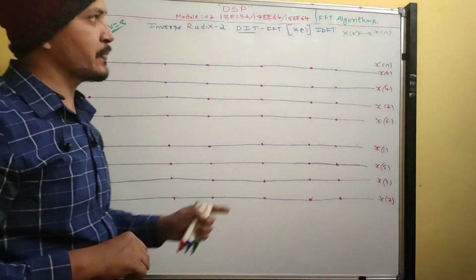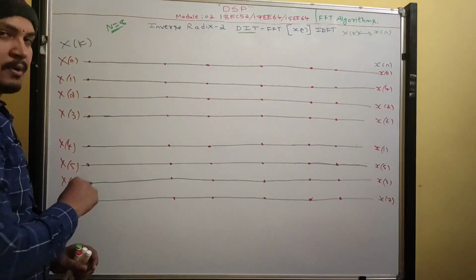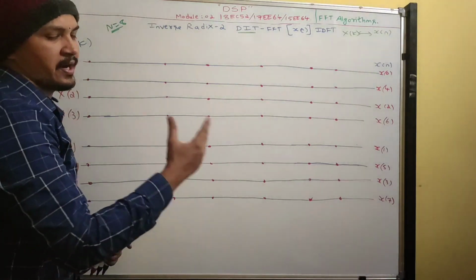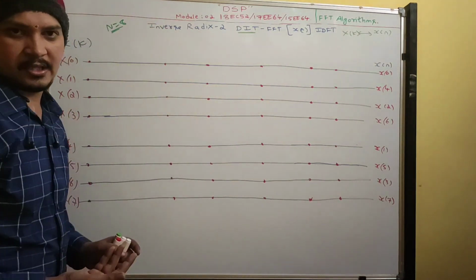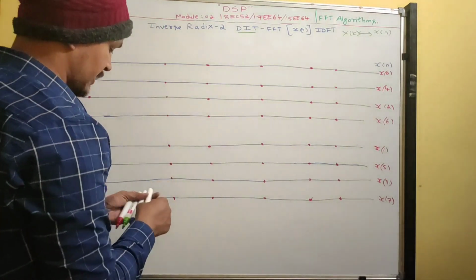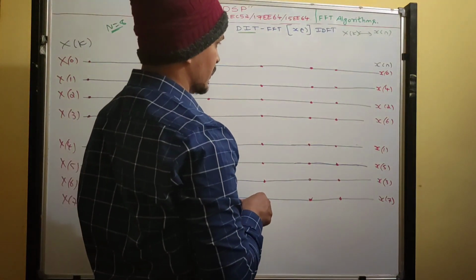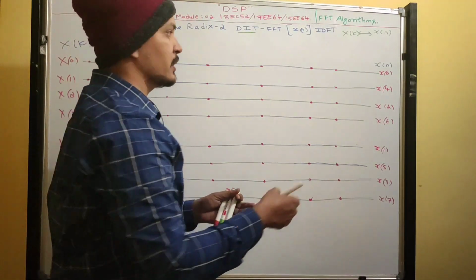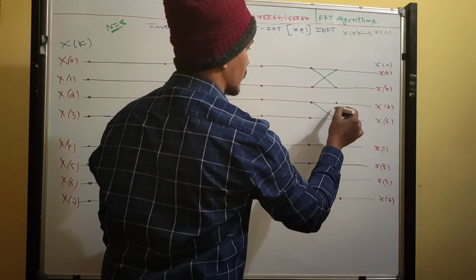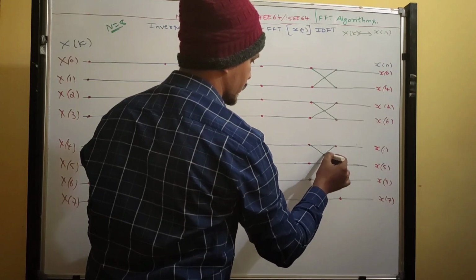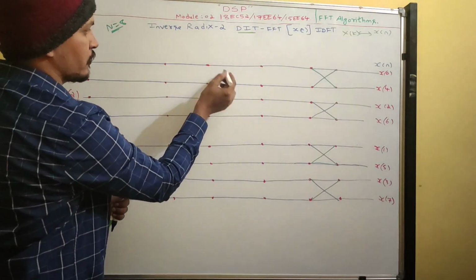See, remember, to compute IDFT, they should give data x of k. X of k they will give in the problem and they will ask to find x of n. Means you should use inverse radix concept. Okay. Now decimation in time. Where decimation is there? In the output side. Where decimation is there, there you write 2 point butterfly. Okay, just multiply like this. Okay, 2 point. Once you write 2 point, then come for 4 point.